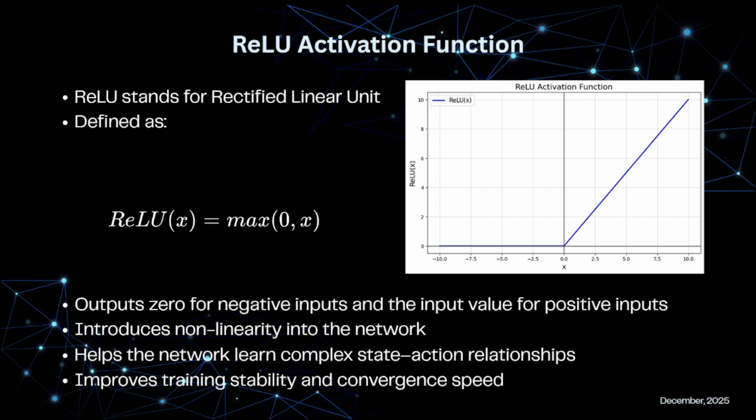This means negative inputs are set to 0, while positive inputs pass through unchanged. ReLU introduces non-linearity into the neural network, which is essential for learning complex relationships between states and actions. It also helps reduce the vanishing gradient problem and allows the network to train faster and more stably.